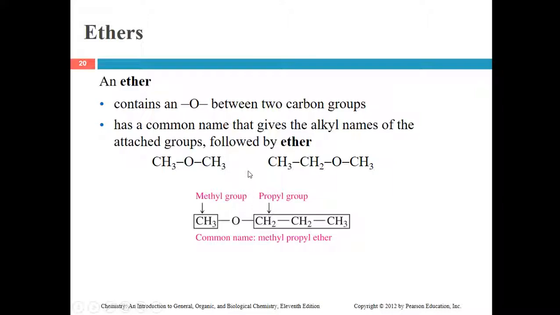So we need to realize that if this O is between two carbon groups, it's an ether, and it acts totally different than an alcohol. If you go to name it, the smaller ethers use the old common names: you name one side, you name the other, and then you put the word ether. So methyl propyl ether.